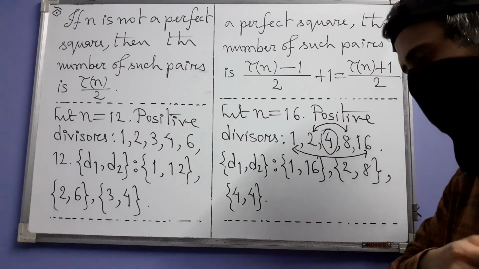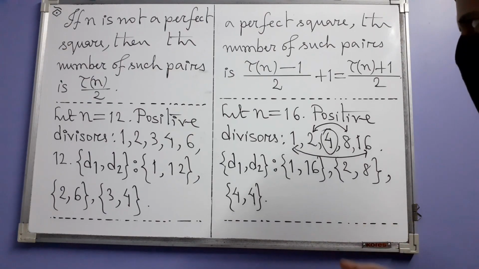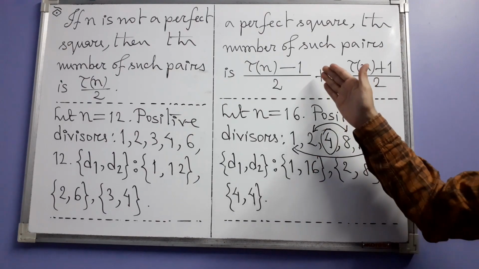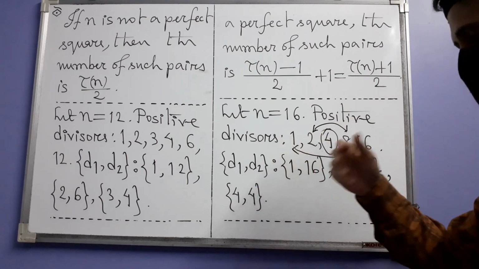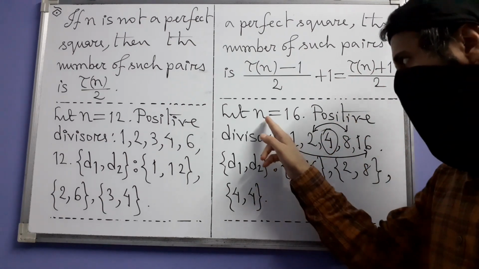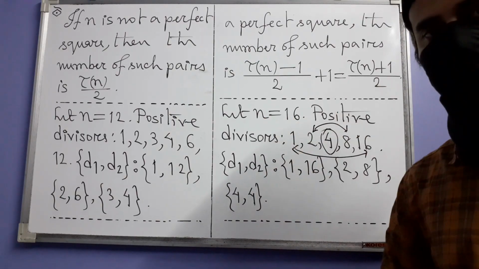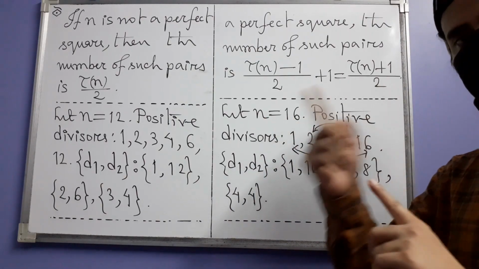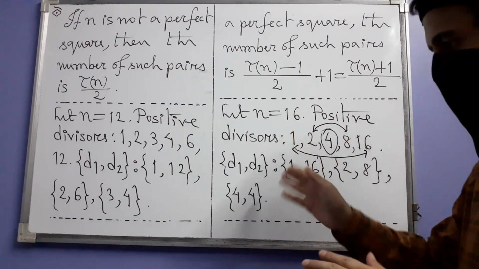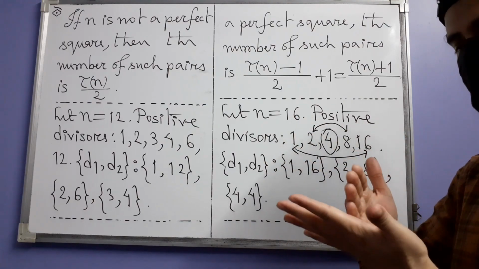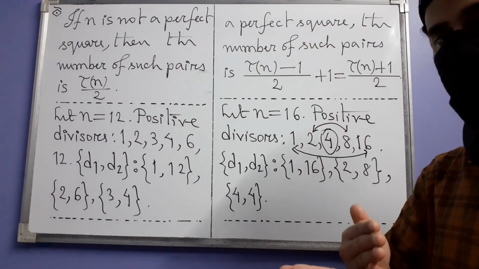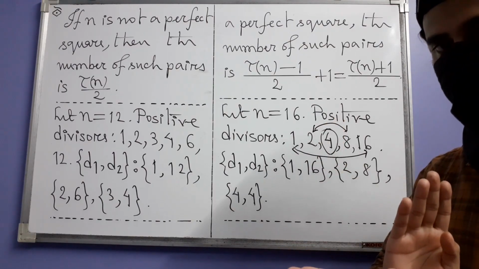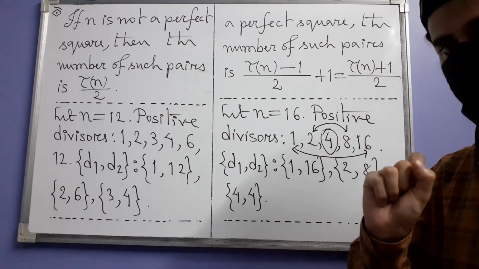If you are still finding it a little confusing as to how this case is a slightly different one, you just think for yourself, n is a perfect square here, so it's the square of something. In this case it's 4, but in general I am saying it's the square of say d. Then obviously d comma d will be one pair because of the way we created those pairs.